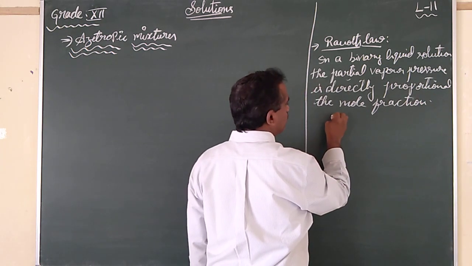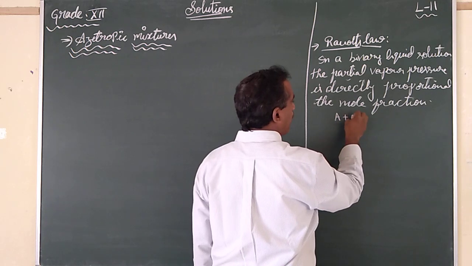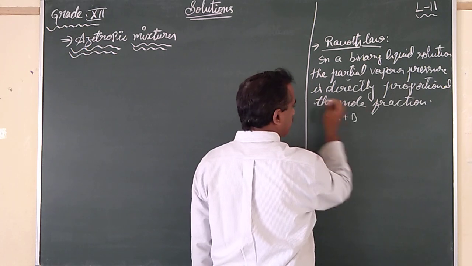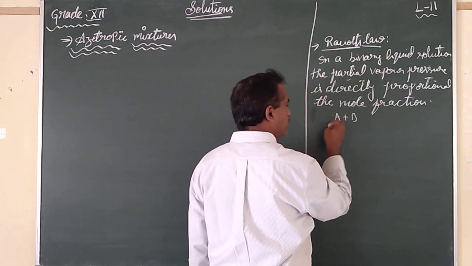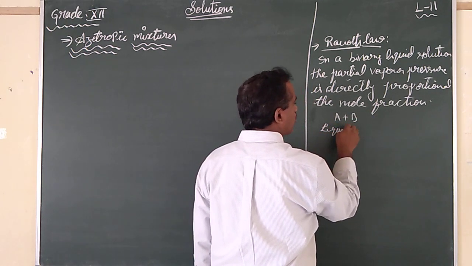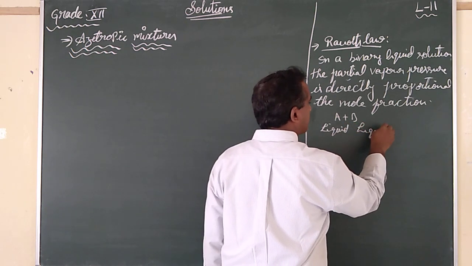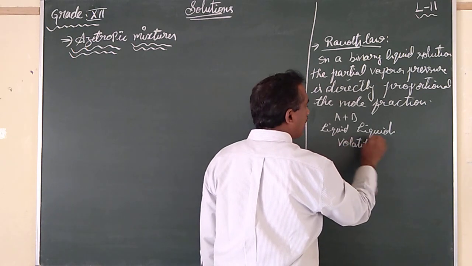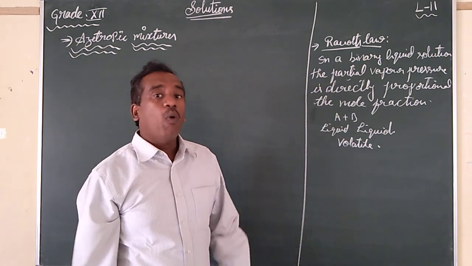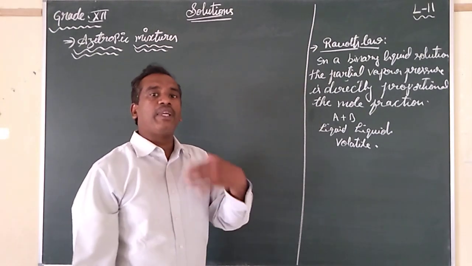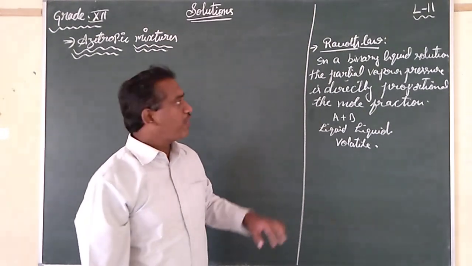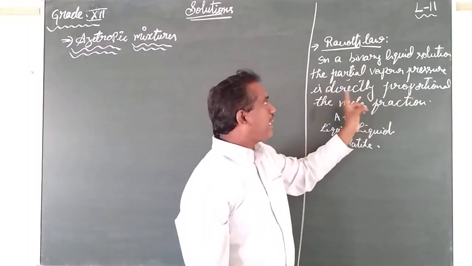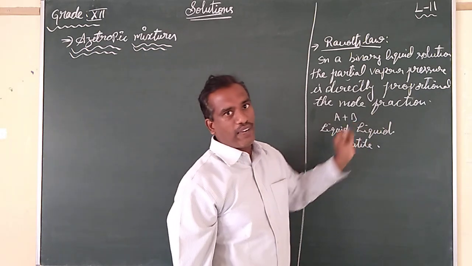It means that a solution is made up of two components. These both are liquids, and they are volatile liquids, meaning they will easily evaporate into the vapor state. So we say in a binary liquid solution, the partial vapor pressure is directly proportional to the mole fraction.